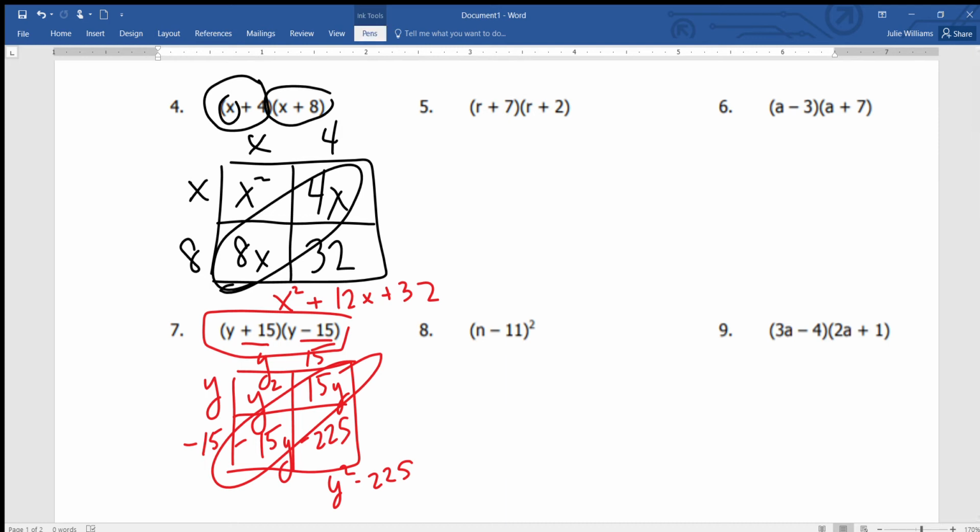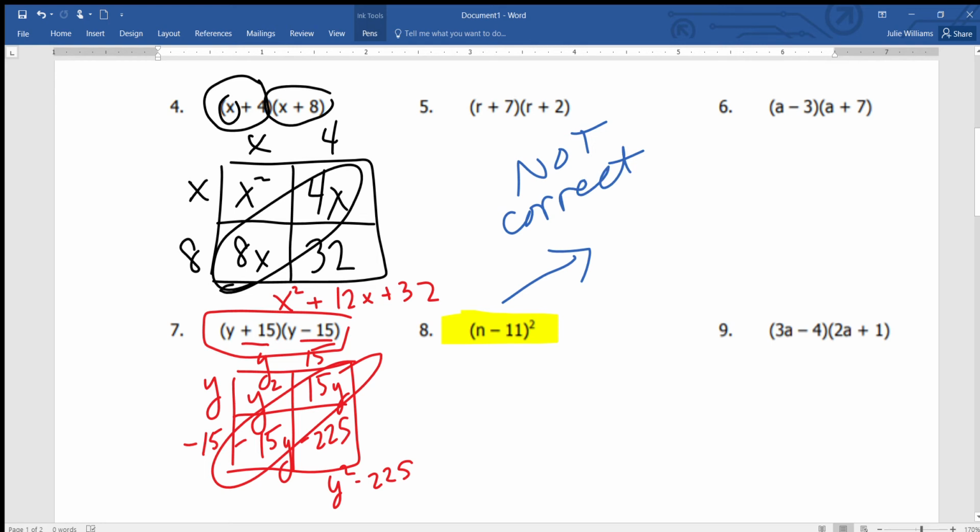I want to show you some that look like this. I'll show you what is not right. Some people see this, not correct, and say, well, that's just n squared plus 121.